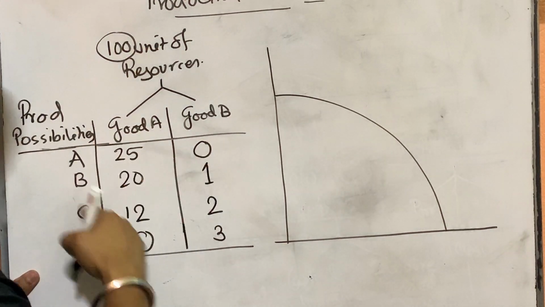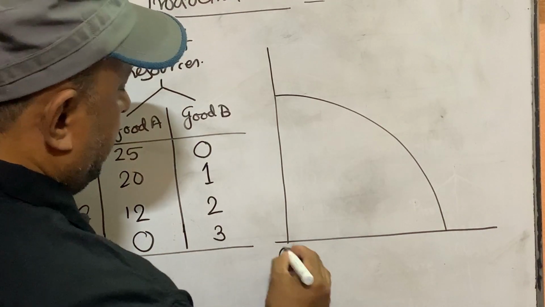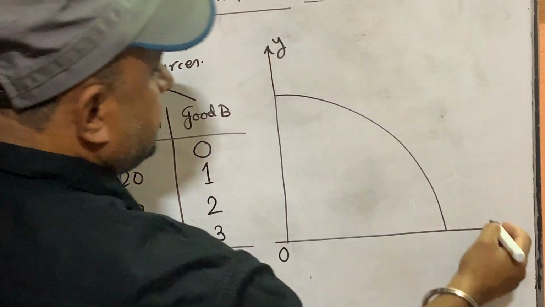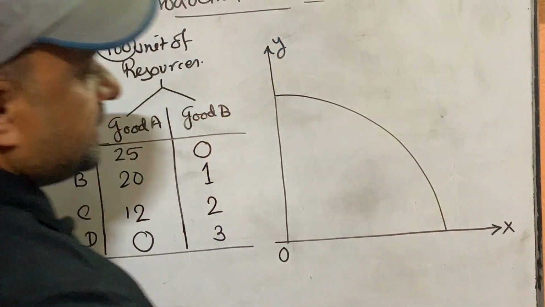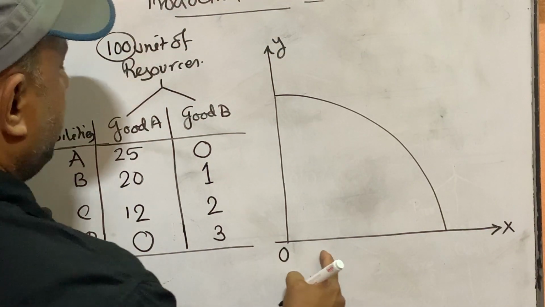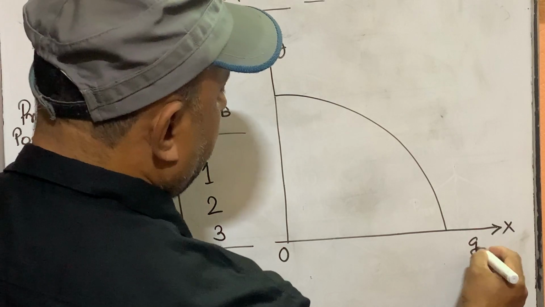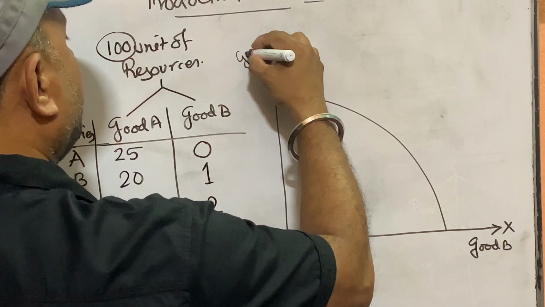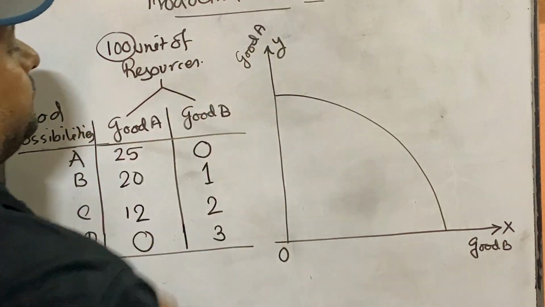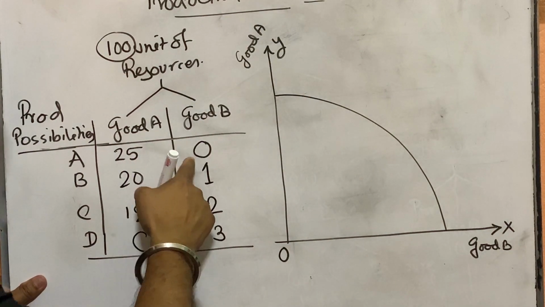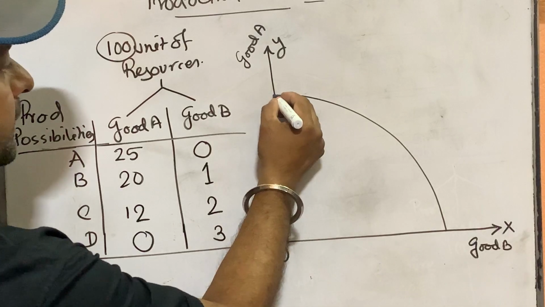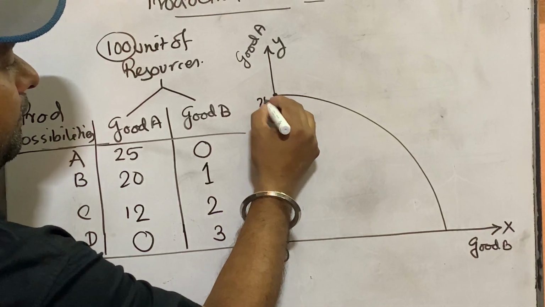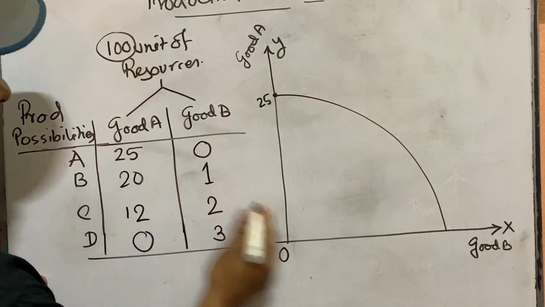If we plot all these points, suppose here is the origin, y-axis, x-axis. On one axis we are measuring good B, and on the other axis we are measuring good A. First one is 0, 25. This point is 0 and this is suppose 25. Second point is 1, 20.